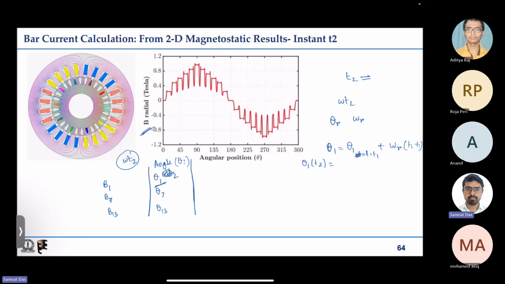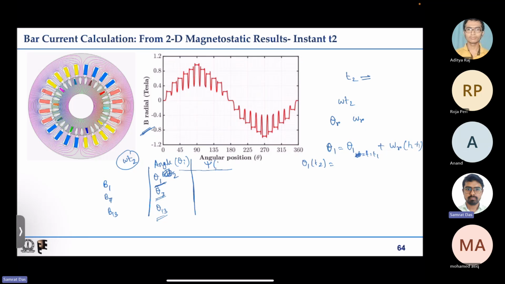So we have known this different angle at the new instant. Linkages of these different bars can be found by taking an integration of b with theta, for the limits that I'll come back with.